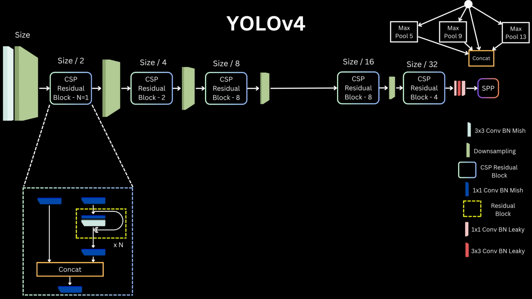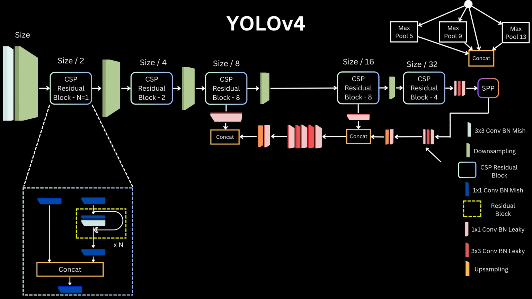With SPP, we come to the end of the backbone of YOLO v4 and move to our neck. Similar to the path aggregation network, the neck of YOLO v4 has a top-down pathway and a bottom-up pathway. In top-down, we have convolution layers, followed by upsampling, and after every upsampling, we concatenate with a similar resolution feature from the backbone layers.